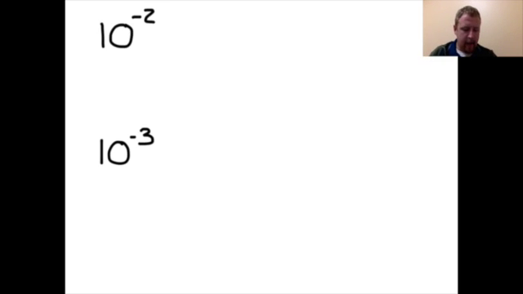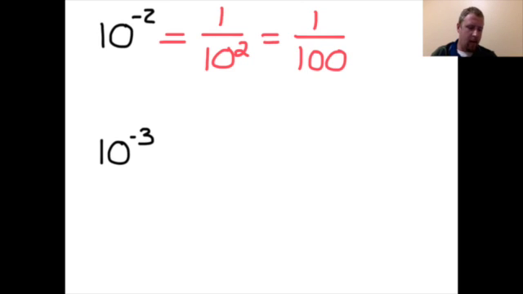So 10 to the negative 2 is really the same thing as 1 over 10 to the positive 2, which is 1 over 100, since 10 squared is 100. And if you convert that into a decimal, it's 0.01.